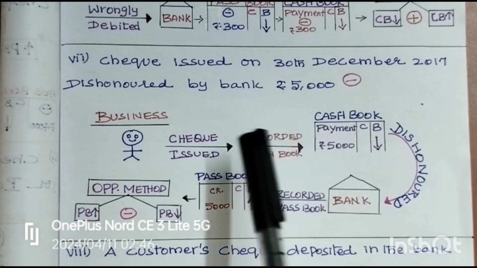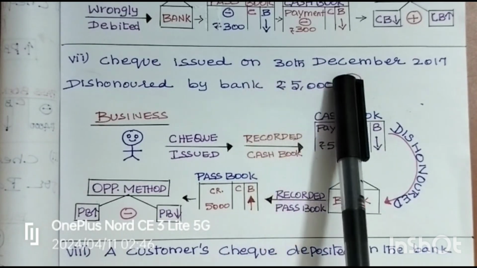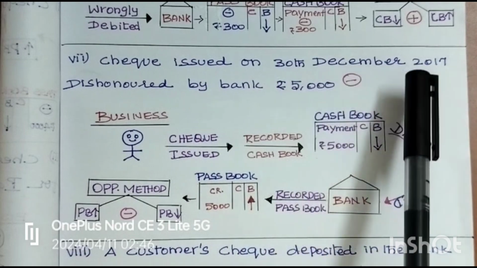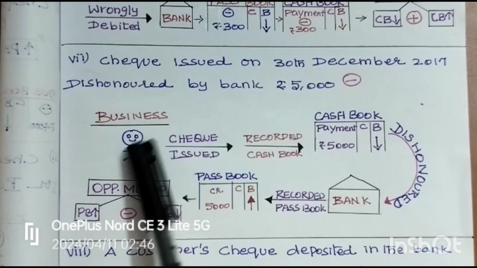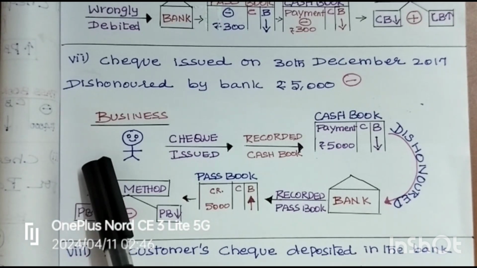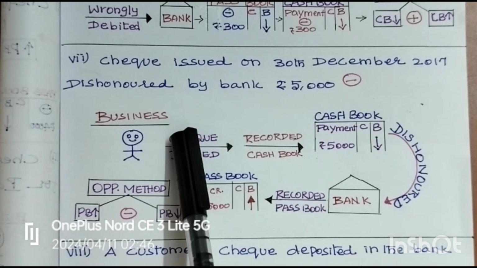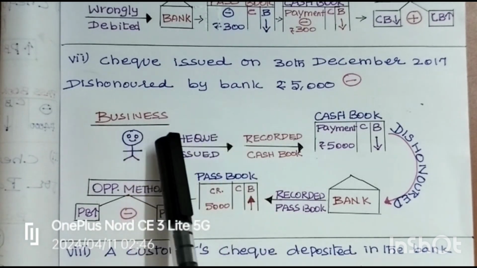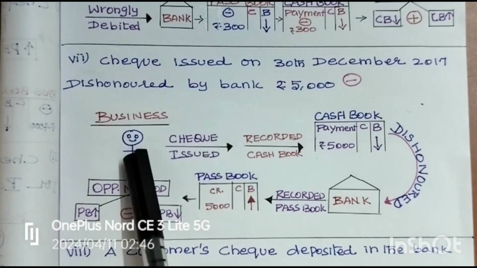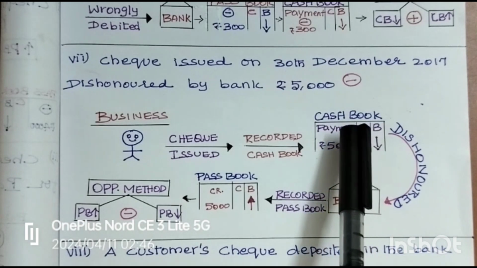And the next transaction is checks issued on 30th December 2017, dishonored by the bank, 5,000 rupees. Listen. For example, when you run the business, okay, you issued the check to a third party. You made payment through check to the third party. After you issued the check, it will be recorded in your cash book.